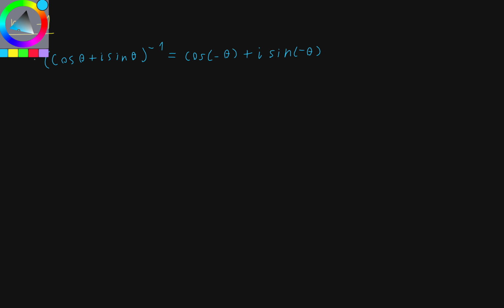Again, I'm going to consider the left-hand side. Since cosine is even and sine is odd, we're going to have cosine of theta minus i sine of theta. This negative is going to be factored out here.